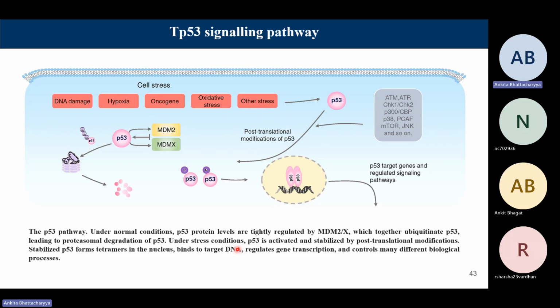Under stress conditions, P53 becomes active and it gets stabilized by undergoing certain post-translational modifications. And this stabilized P53 forms tetramers within the nucleus, binds to target DNA, regulates gene expression, and controls many different biological processes.